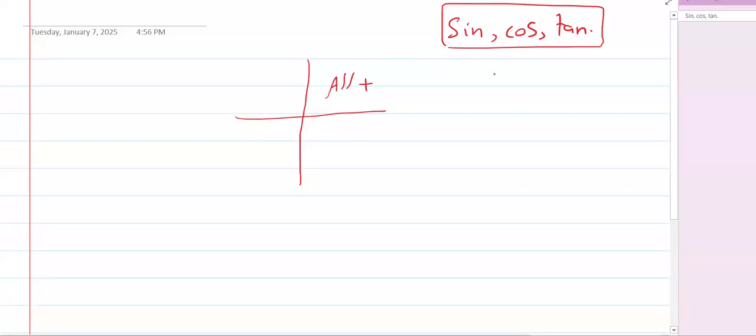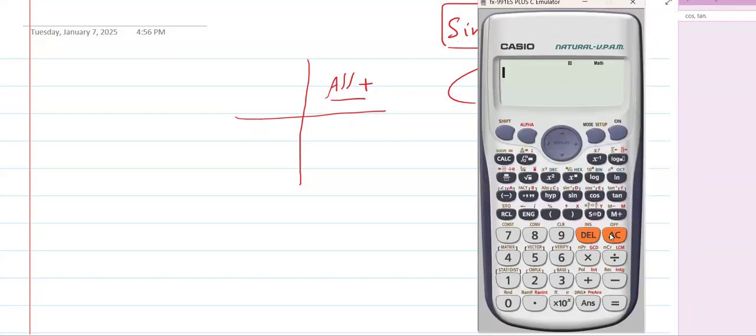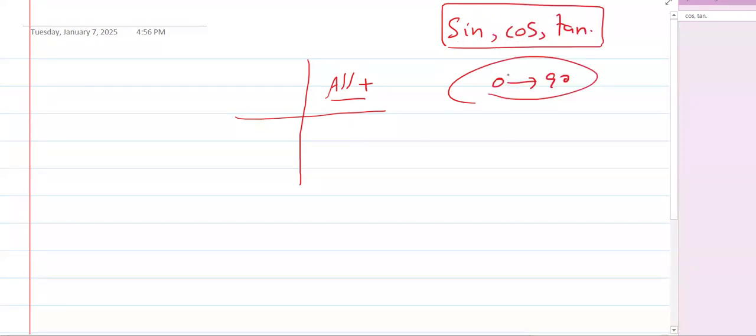For example, if the angle is from 0 to 90 degrees, that is the first quadrant. Take any one of them, the value will be positive. Like take sine 85, for example. You will see the answer will be positive.